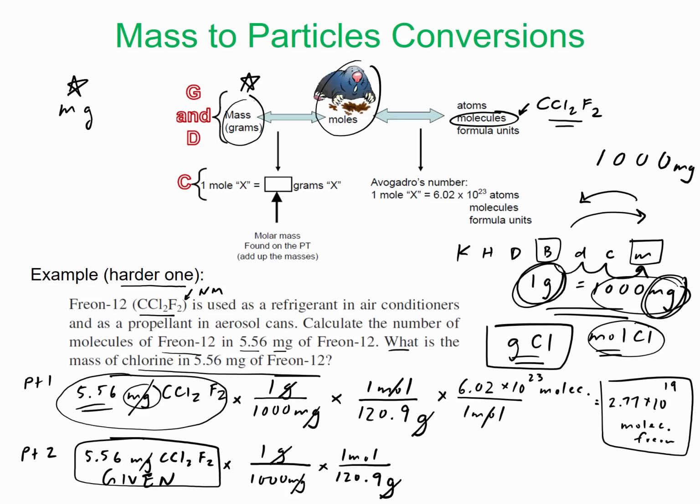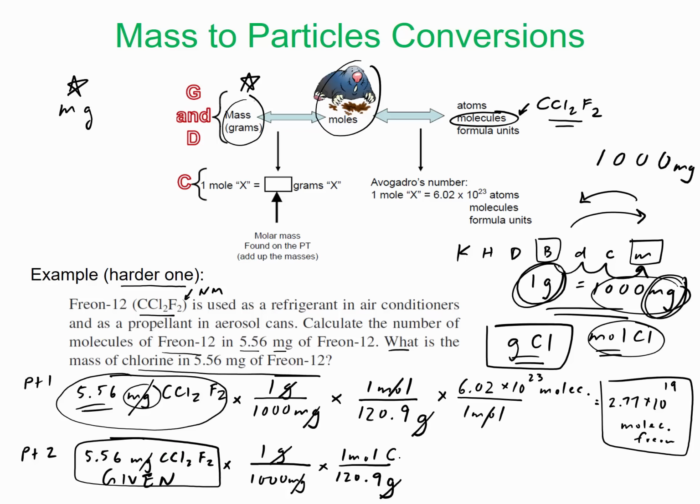Well, if I get it to moles of the molecule, I see that there are 2 chlorine atoms in 1 molecule. So every molecule of Freon has 2 chlorine atoms for every 1 molecule of Freon. So that's going to be the actual conversion factor. There's 2 of those for every 1 of those. So that's the ratio or proportion.